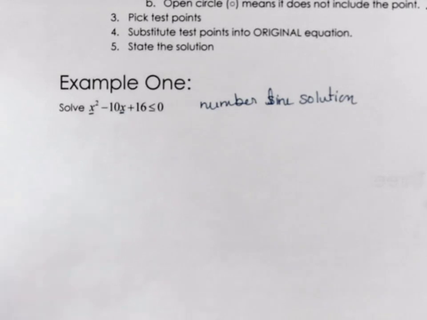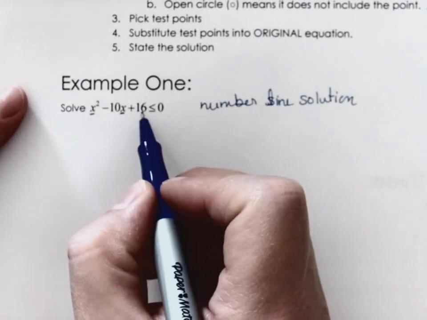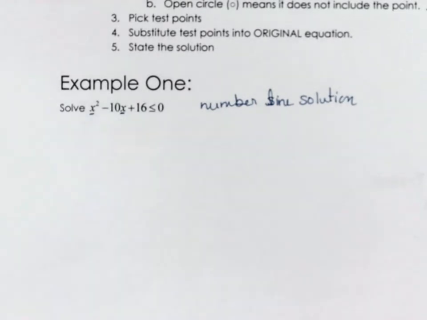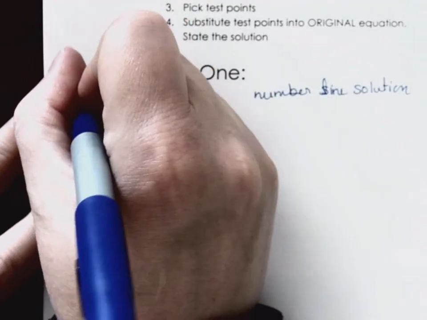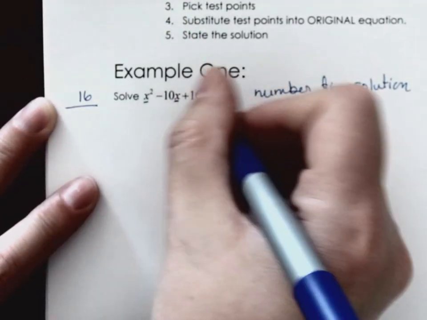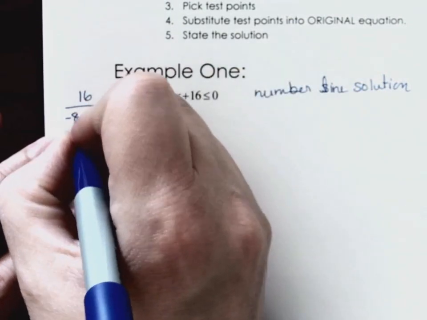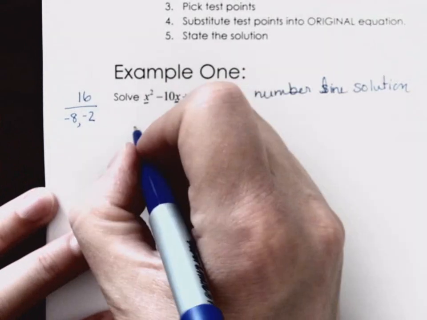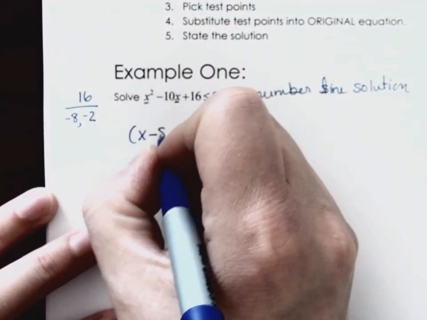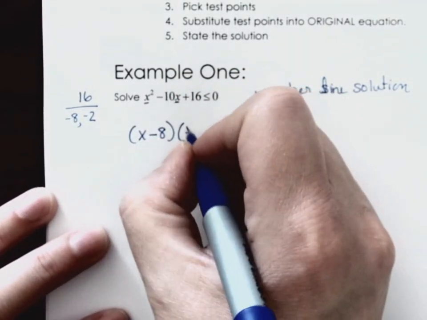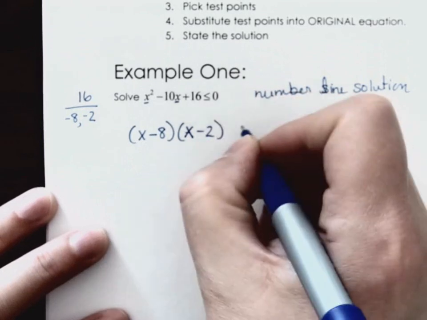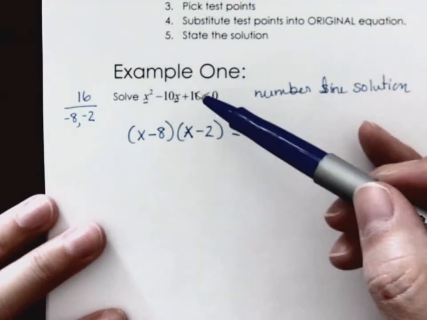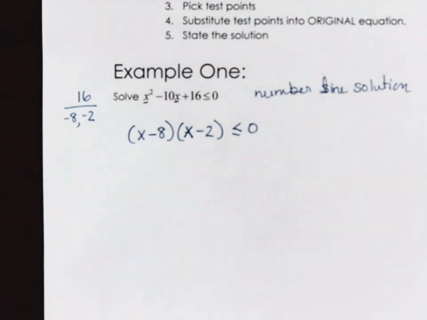Okay, so I'm looking for the factors of 16 that add up to a negative 10. That would be negative 8 and negative 2. Just like an equation, we can't really lose that equal to sign.